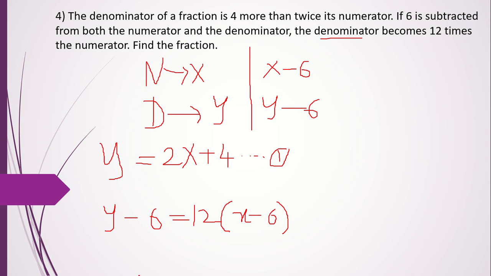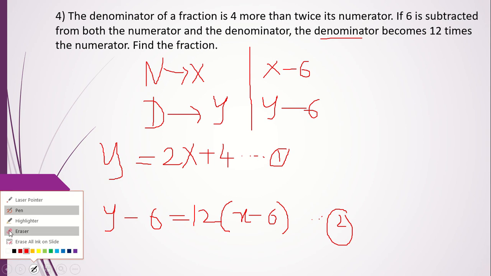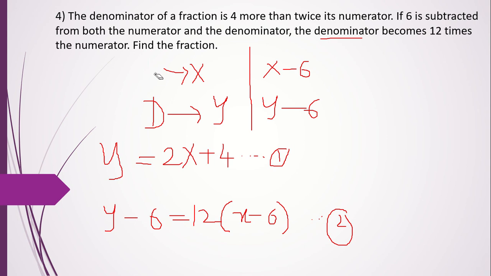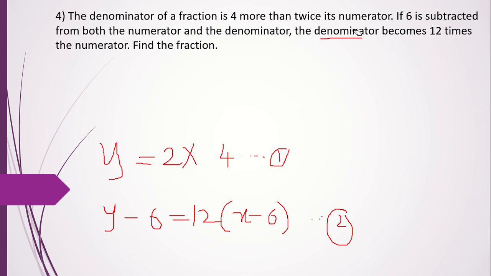Numerator is x minus 6 at that time. Okay, so this is my second condition. We have to simplify both these conditions, get the value of x and y. Once we get the value of x and y, we will get the numerator and the denominator, and hence we will get the fraction.